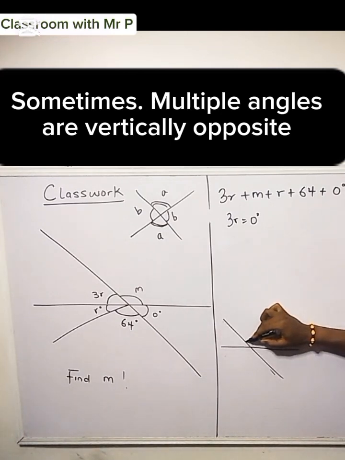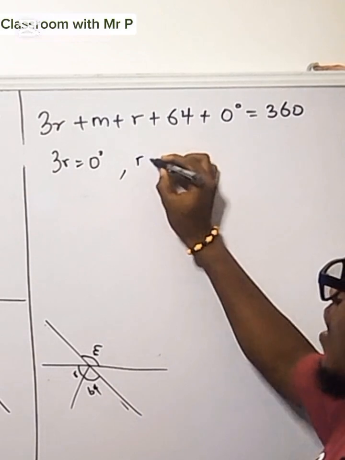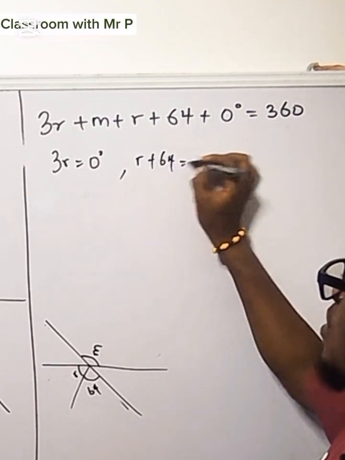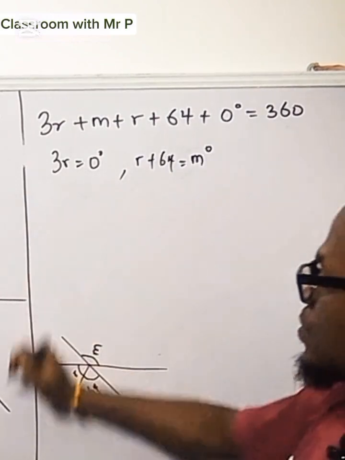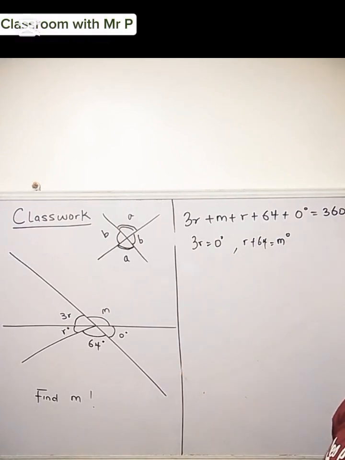Okay, so all of this is M, and this one is both R and 64. So what it also means is that R plus 64 is also equal to M. So those are the two things that I can see from this shape.